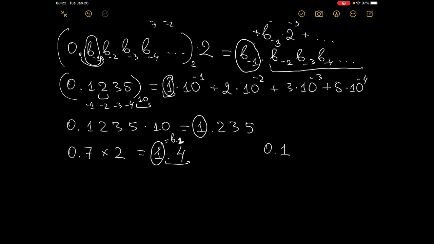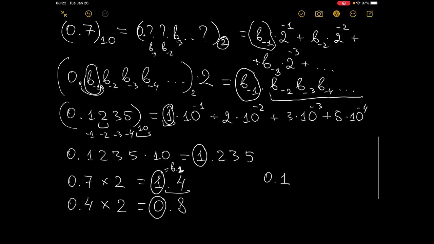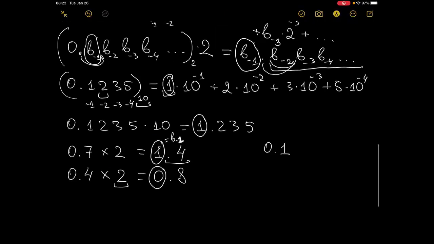So I take 0.4, multiply by 2, and I'm getting 0.8. So what I did, I moved my radix 1 position to the right when I multiplied by 2. So it means that I have 0 here.